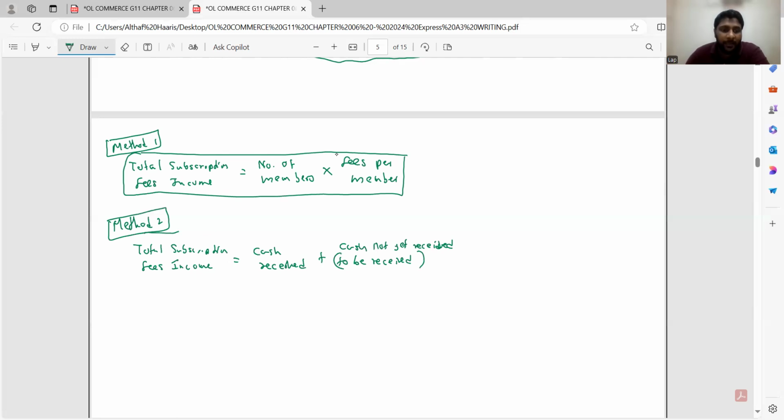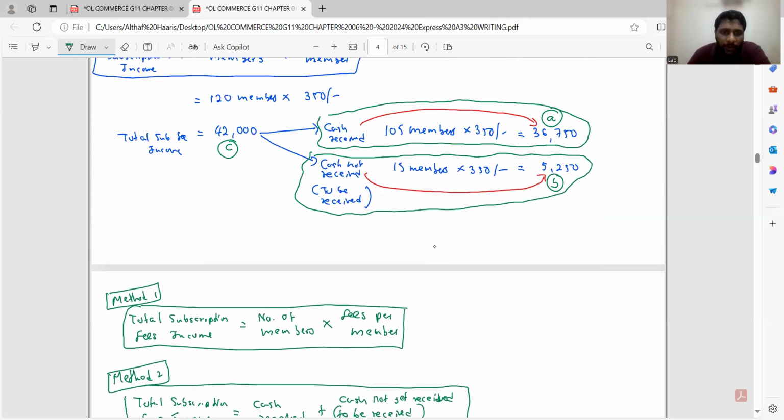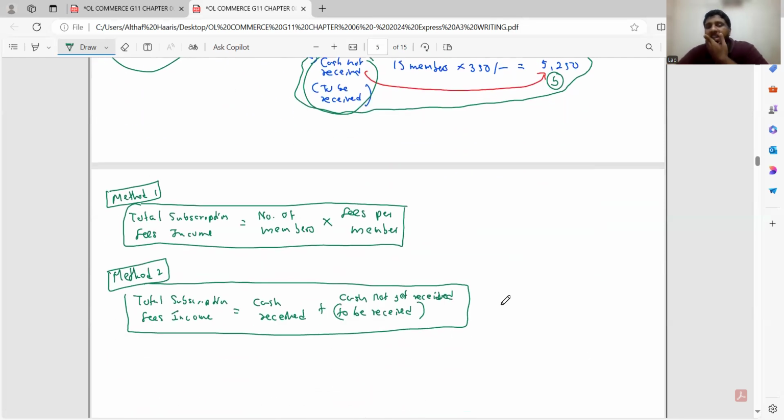This is the another method. Both the methods you can use. Like here, the total is 42,000. Cash received, cash to be received is the total subscription fee income. So both the methods you can use.